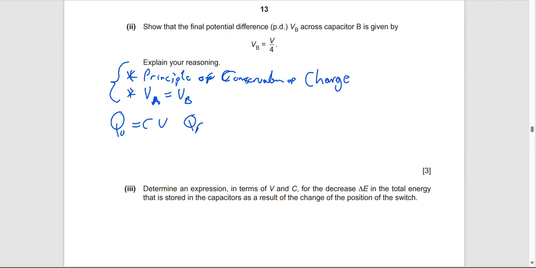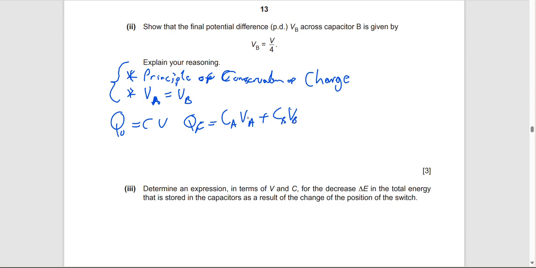Then our final charge is going to be equal to the total capacitance and the total voltage. So we calculate that by saying CA VA plus CB VB.